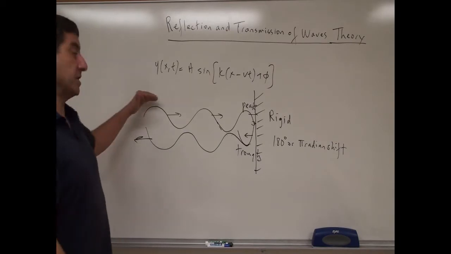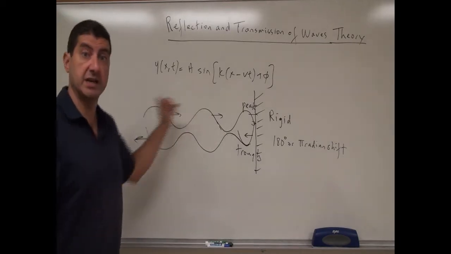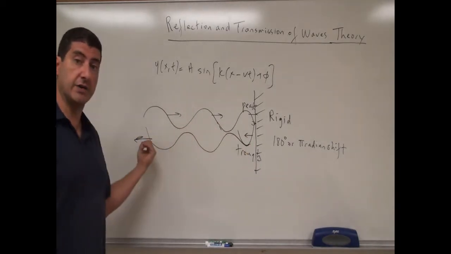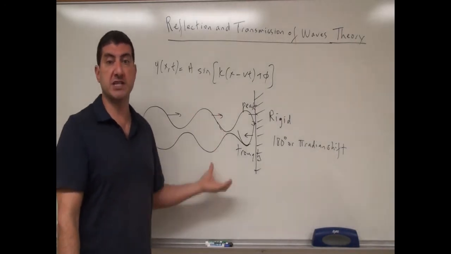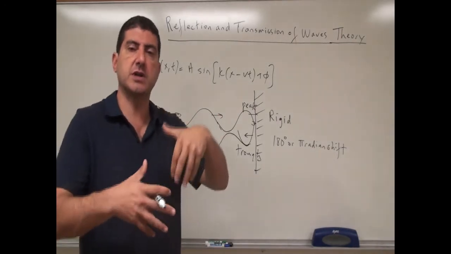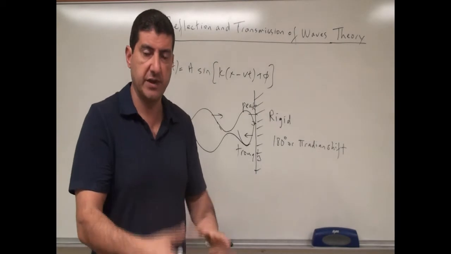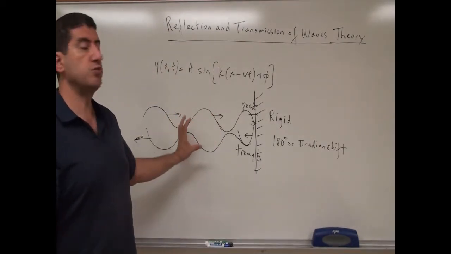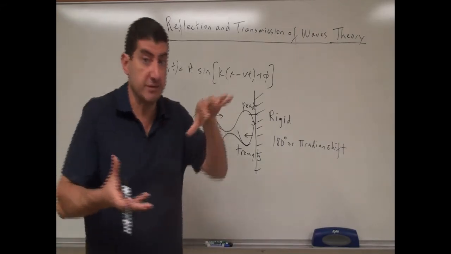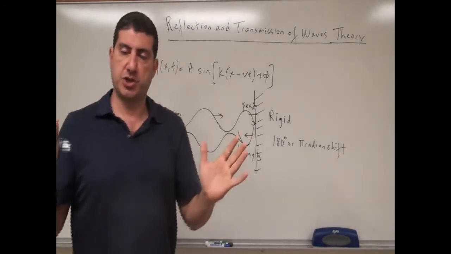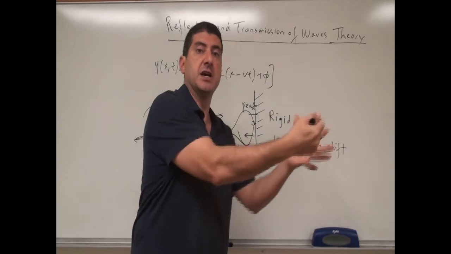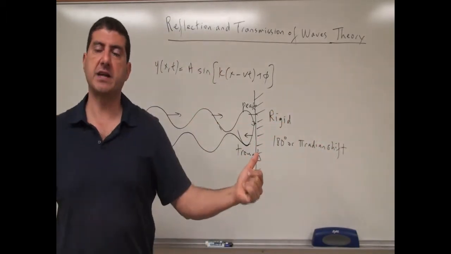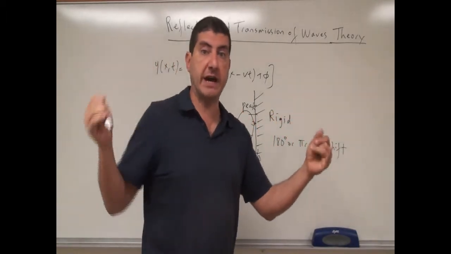Of course, if the incoming wave keeps coming in and reflecting off, then you will get what's known as standing waves, and it will interfere with itself. But in this chapter, chapter 16, we will not cover the topic of interference of the wave. So let's just assume that the wave is coming and then reflects back, and then the wave doesn't just keep coming after that.